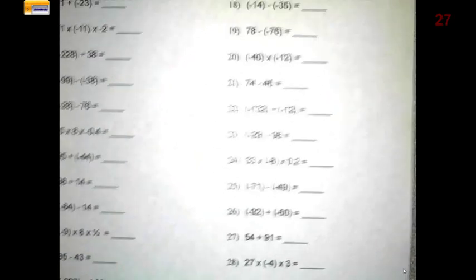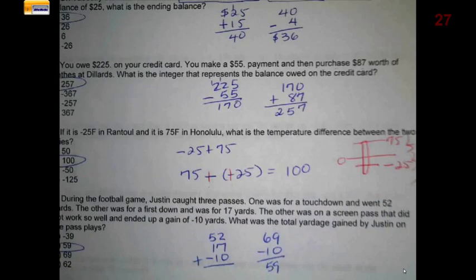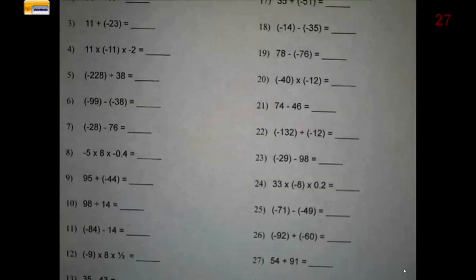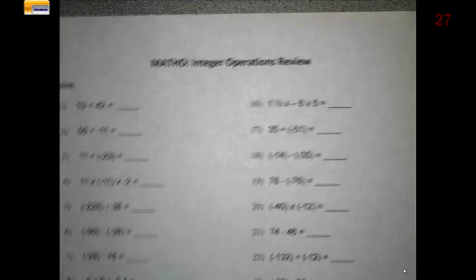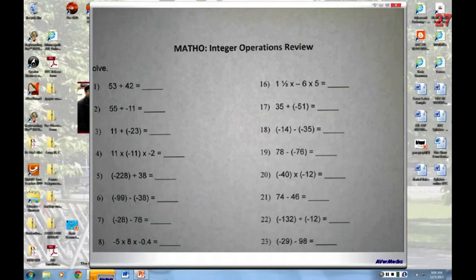I got 4 teddy bears and 4 candies. Oh, the very last one that says matho. It says matho integer operations, okay? Yeah, I would do that with your table mate first and make sure you have that done, and then we'll play matho after break today.